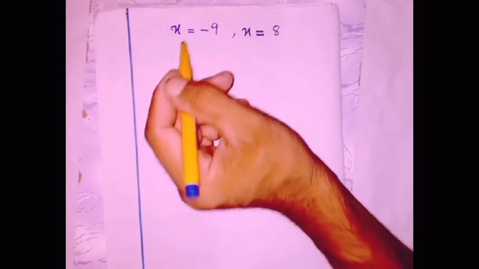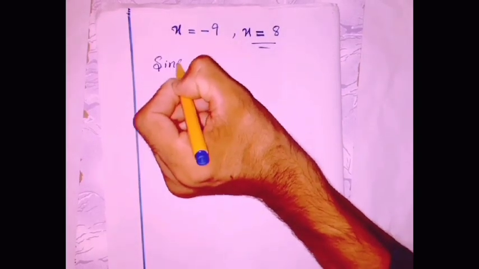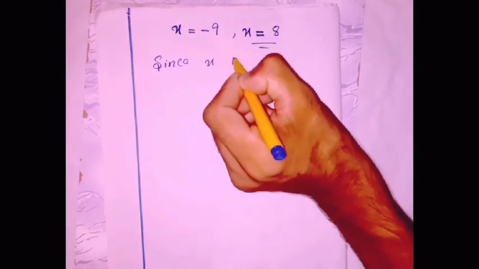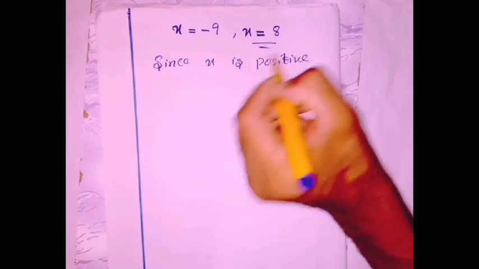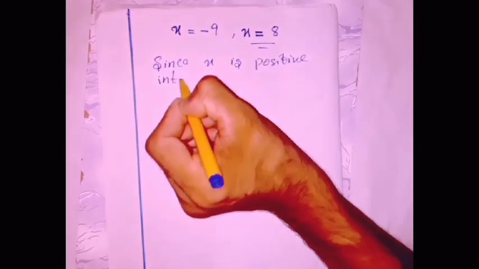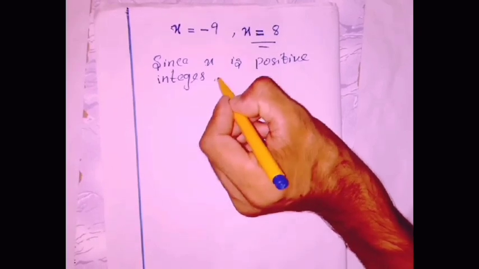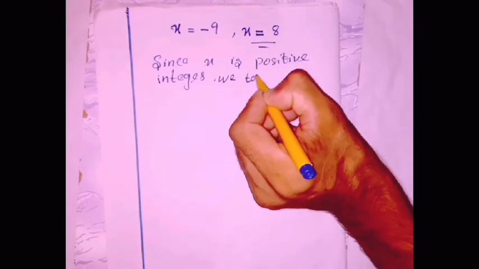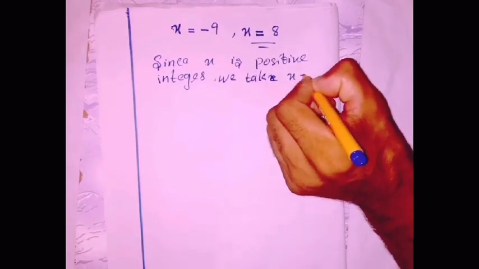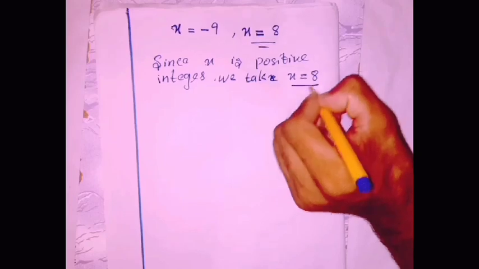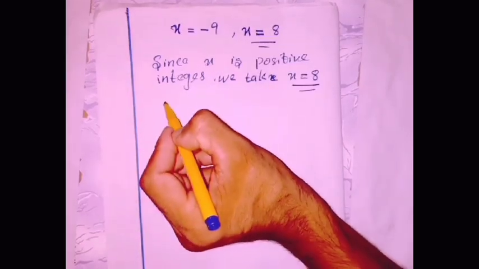As we are given in the question that x is a positive integer, since x is a positive integer, we take x is equal to 8, because x is a positive integer as already given in the question.